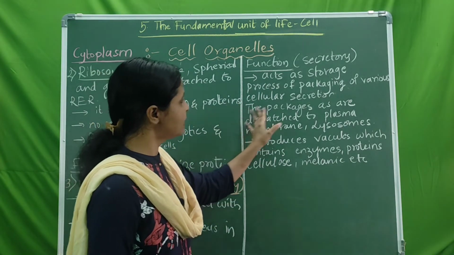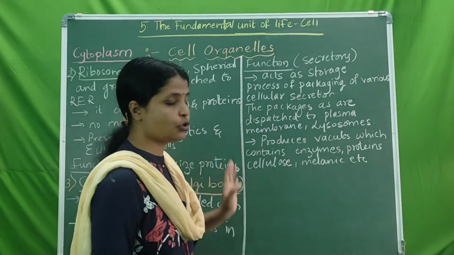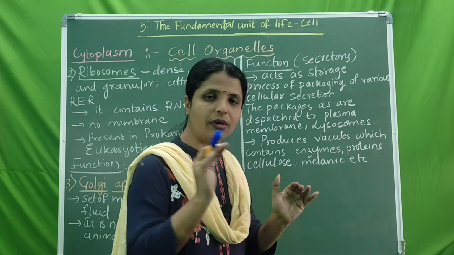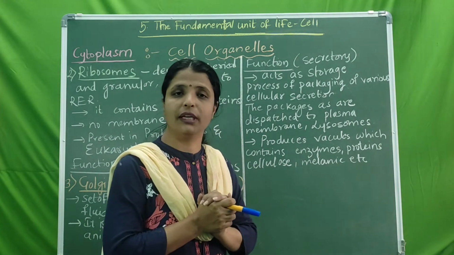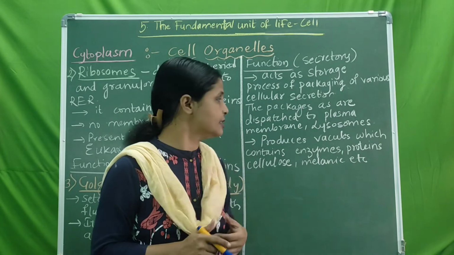Then the packages are dispatched to the plasma membrane, lysosomes, etc. So whatever storage and packaging has been done in the Golgi apparatus is sent to the different parts of the cell.